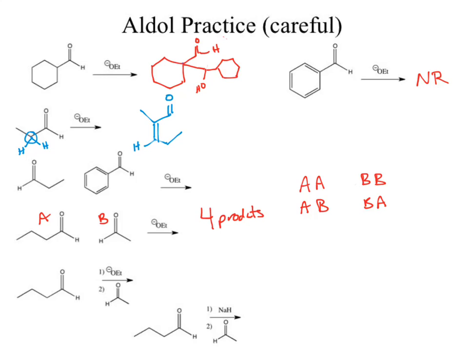Under those next conditions, we only react our butyraldehyde with the base. Which means, in theory, the only one that's acting as a nucleophile is the butyraldehyde. Which would mean, hopefully when we ran our reaction under those conditions, that we would get A connected to B. But what else would we run into?